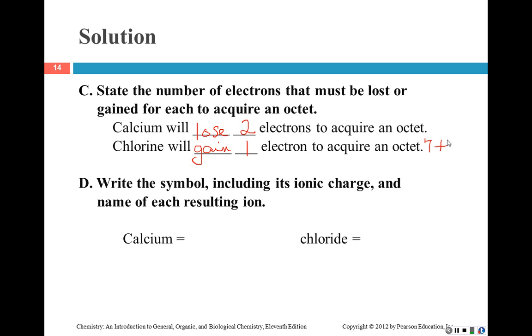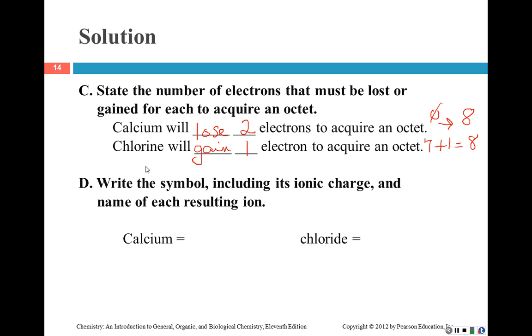because 7 plus 1 is 8. And then why is 2 going to satisfy that? Because if you've got 2 in the valence and you get rid of 2, that leaves you with 0 in that shell, and so it defaults back to the shell before that, which should be full.